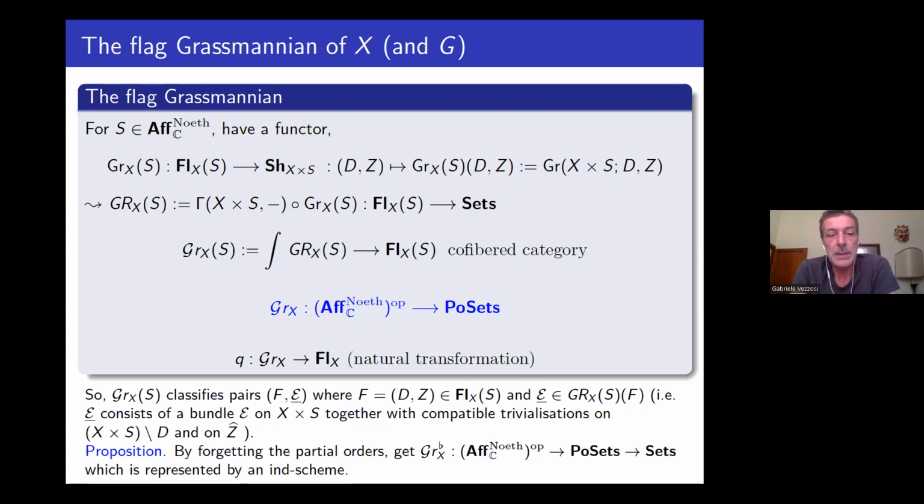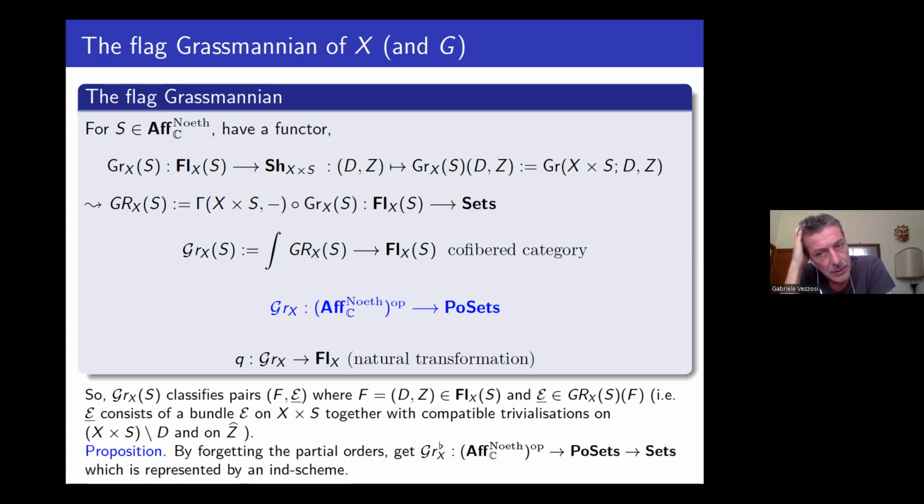So it means that this underlying E is a bundle on x times S together with compatible trivializations on x times S minus D and on Z hat. And this is an important remark, or proposition, or result: this flag Grassmannian has values in posets.